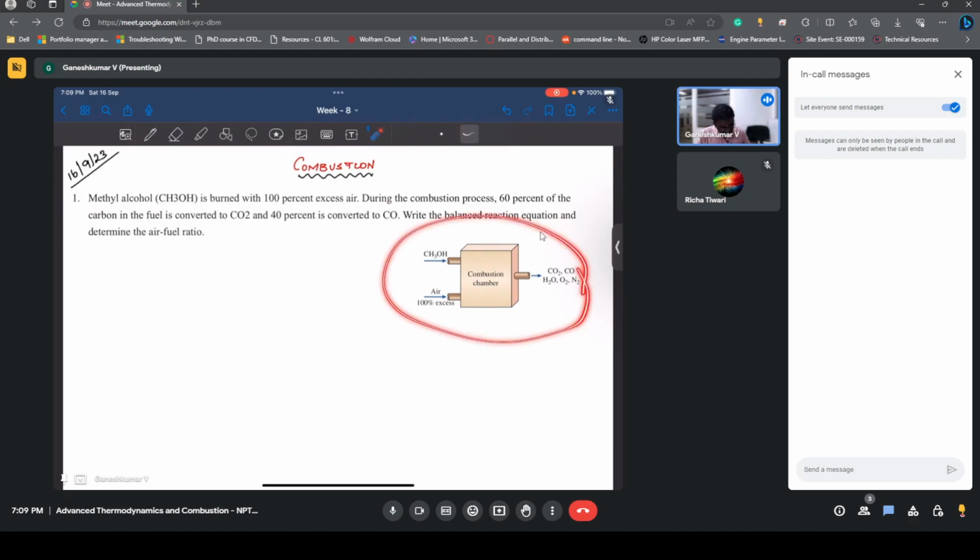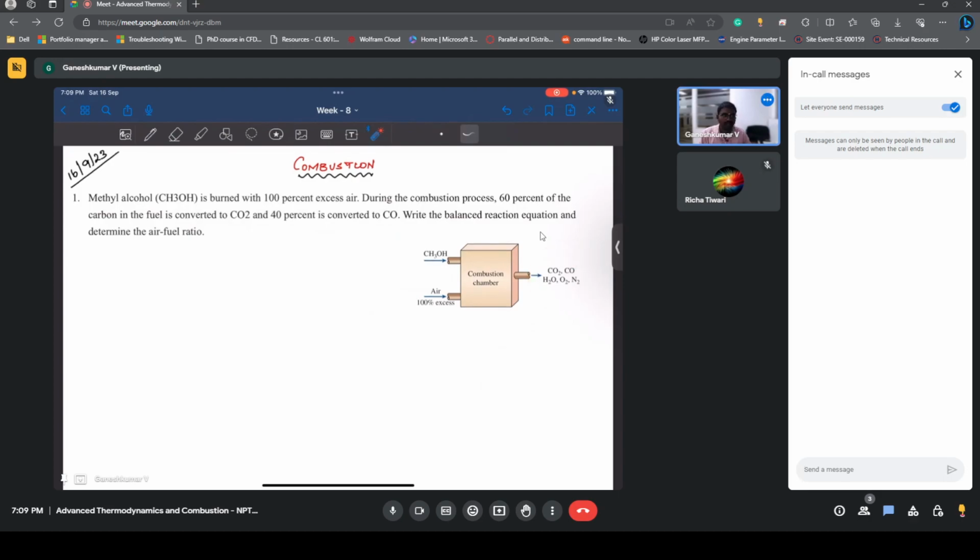Here is a schematic. We have a combustion chamber, and methyl alcohol, CH3OH, is going in, and air is going in, but we have 100% excess air. So whatever is required, in addition we have excess air, and the products are CO2, CO, and H2O.